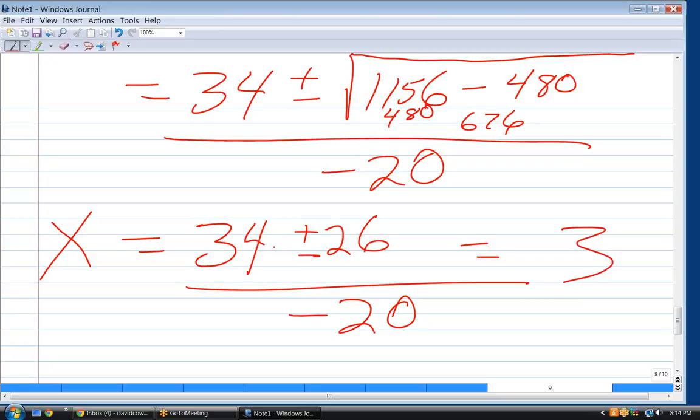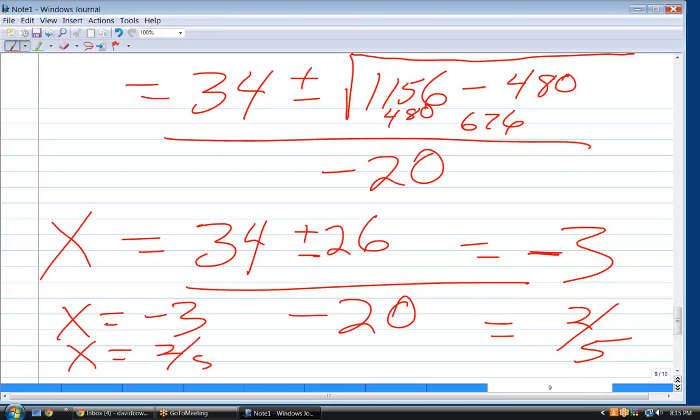And the other solution is 34 minus 26, which is 8, divided by minus 20. That's 4/10 or 2/5, and it's a fraction. So my 2 solutions are x equals minus 3 or x equals 2/5.